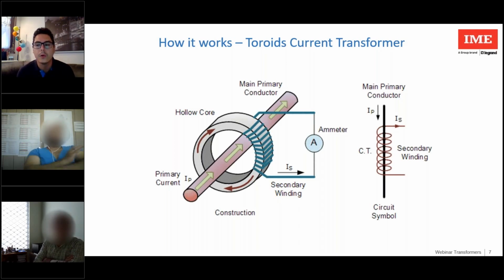As for those with the toroid or open core, same as before but with an openable core, the operating principle remains the same as seen a little while ago, because it uses the magnetic field generated by the current passing through the hollow core. This cable brings the power to the connected load.